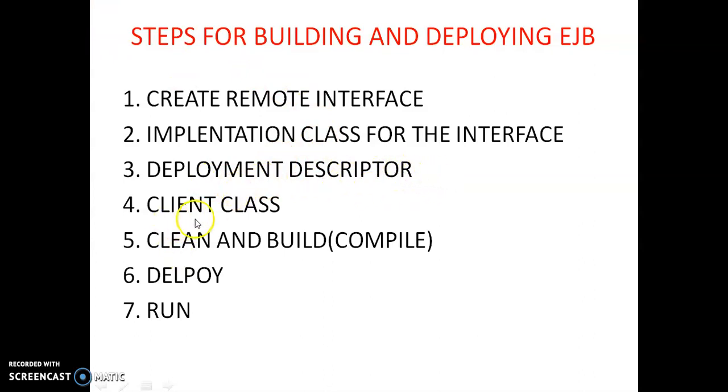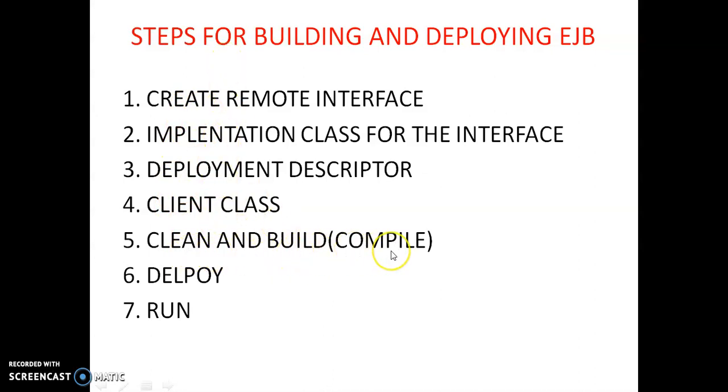The fourth one is the client class. You have to write the client class application, with which the clients will access the bean that we have created. After writing all these four files, you have to clean and build them.